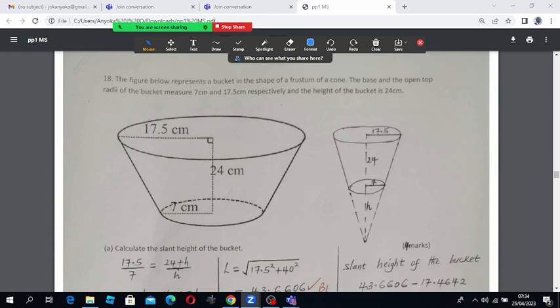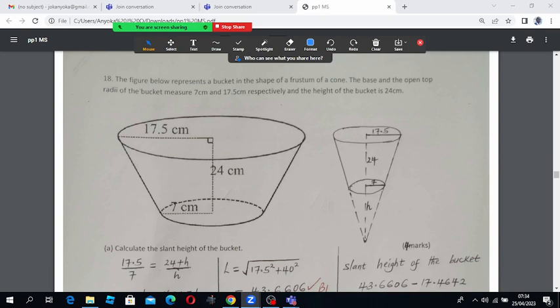Question 18. It is advisable that first of all you go through the information, don't rush to the diagram. The figure below represents a bucket in the shape of a frustum of a cone.